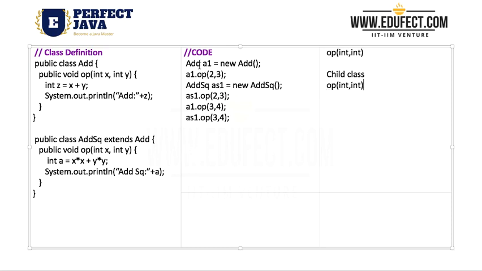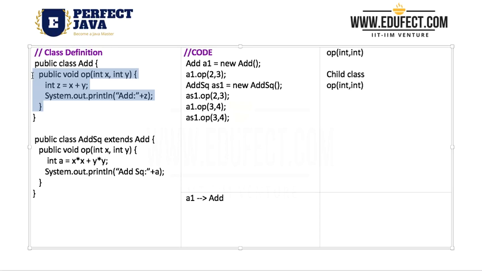Let's now execute some code. So here we are saying add a1 is equal to new add. So we are creating a variable a1, which is an object of type add. Then we are saying a1.op(2,3). So we're calling the method op for the object a1. Which method will get called? a1 we know is of type add, so it will check here.